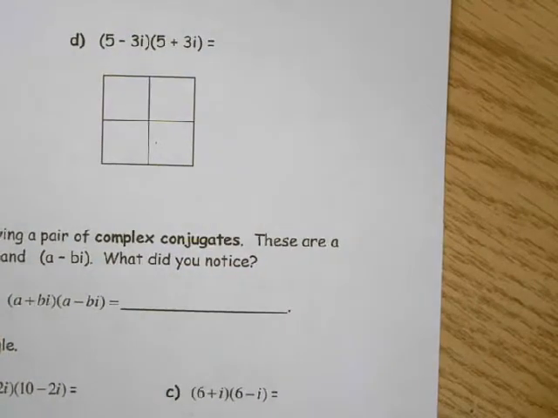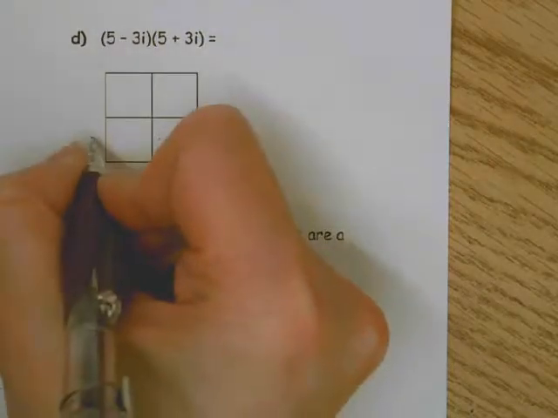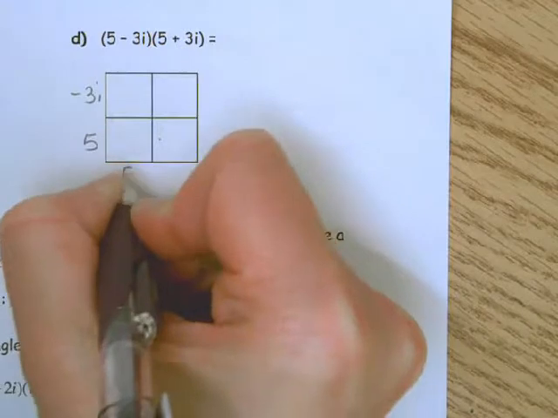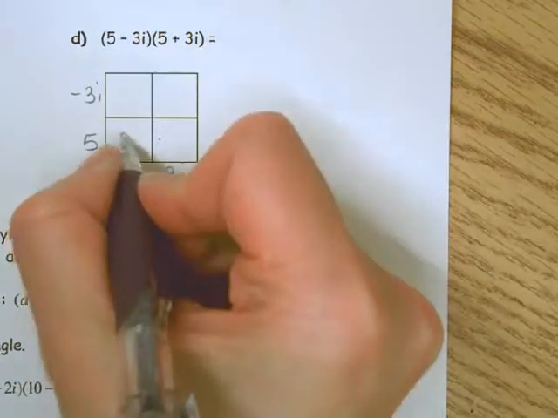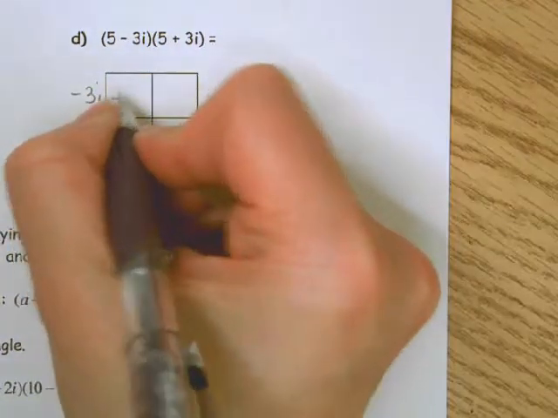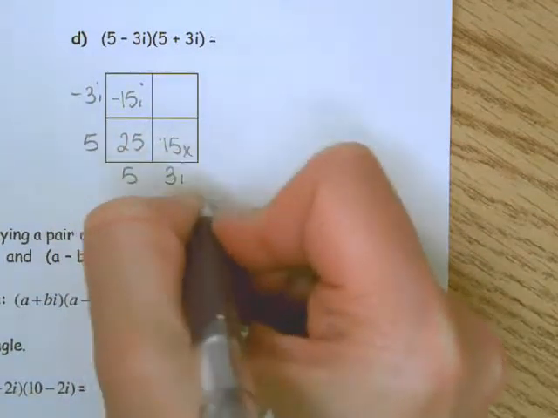Again, if you haven't done it yet, pause it and try it yourself. So if I'm multiplying this out, this is 5 times negative 3i and 5 times positive 3i. 5 times 5 is 25. 5 times negative 3i is negative 15i. 5 times 3i is 15i.